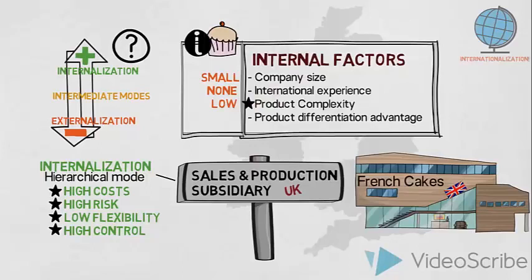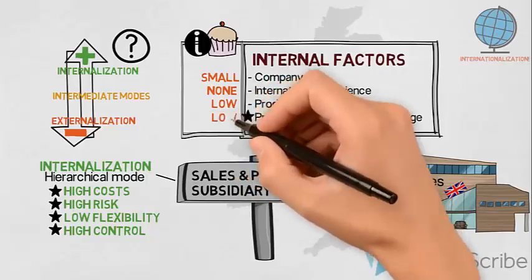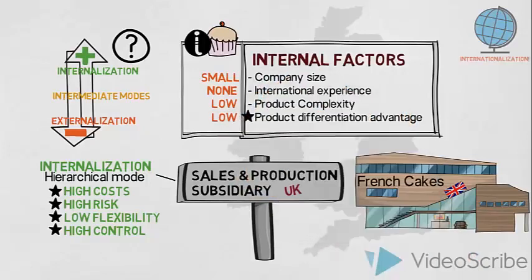And although their cakes and desserts are good, French Cakes doesn't carry a large product differentiation advantage in terms of, for example, brand image. An evaluation of French Cakes' internal factors has revealed an indication towards externalization, and not towards internalization as French Cakes initially suggested.